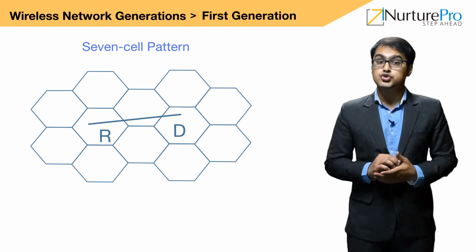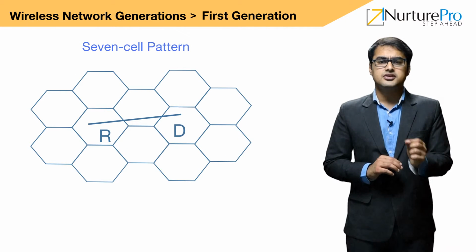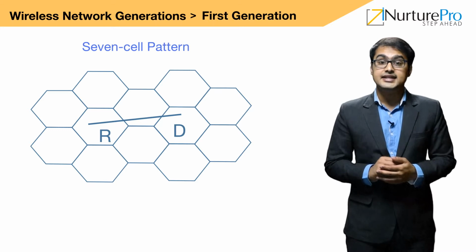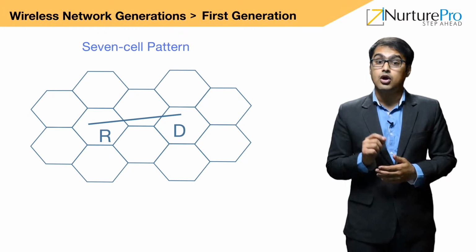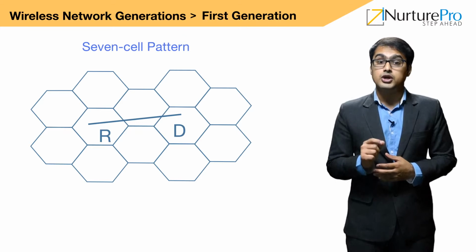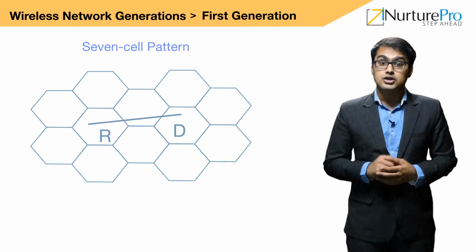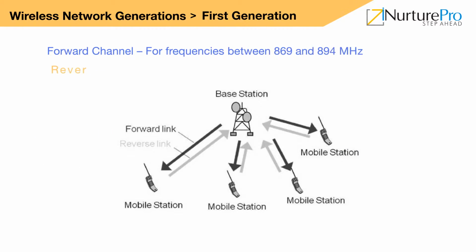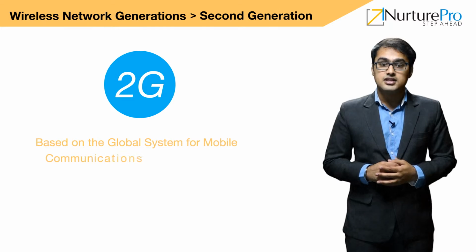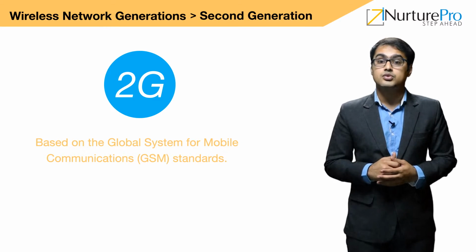A 7-cell reuse pattern was used as it was the lowest reuse factor that could fulfill the 18 dB signal to interference ratio, also known as SIR, for using 120-degree directional antennas to transmit from base stations to mobile phones having frequency between 869 and 894 MHz. Forward channels were used. Similarly, transmit from mobile phones to base stations having frequency between 824 and 849 MHz. Reverse channels were used.